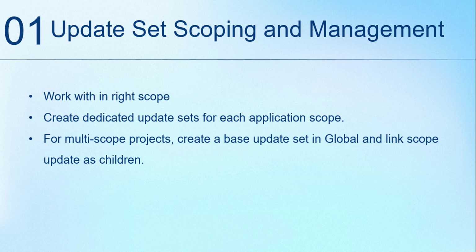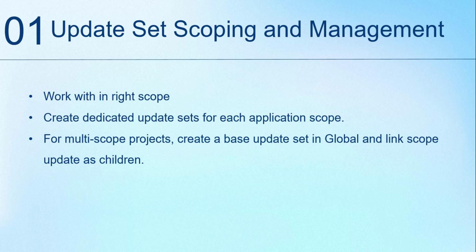The third point here is that for multi-scope projects, create a base update set in global and link the scoped update sets as children. Let's say you have created 10 or 20 different update sets, some scopes having 5, some having 3, some having 7.